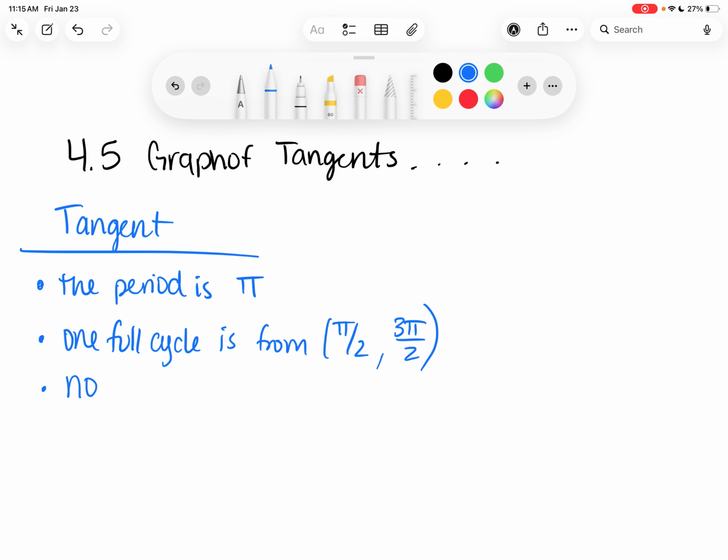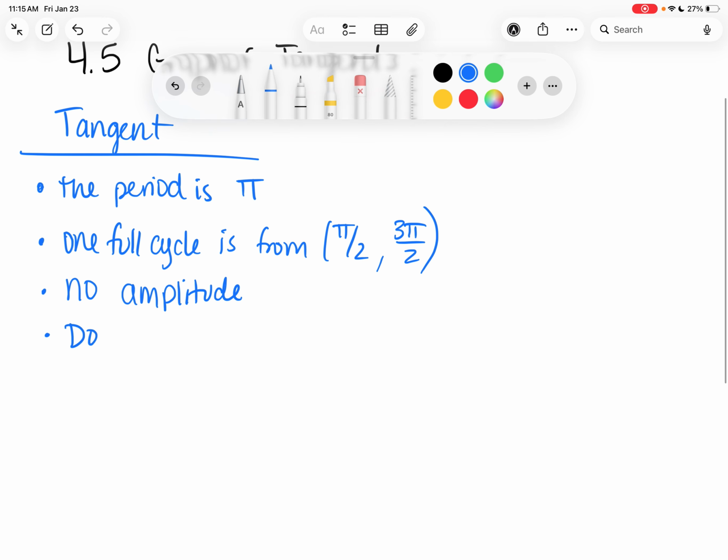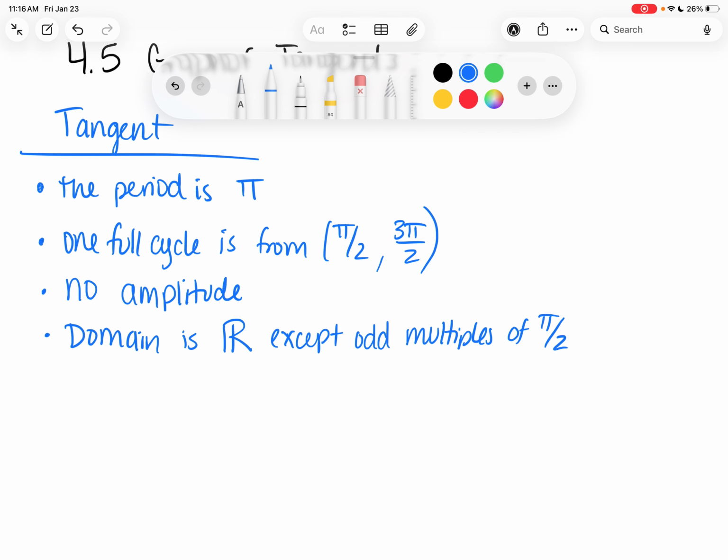There is no amplitude. The domain is all real numbers except odd multiples of pi over 2. The range is all real numbers.